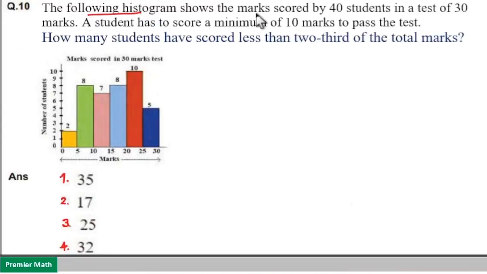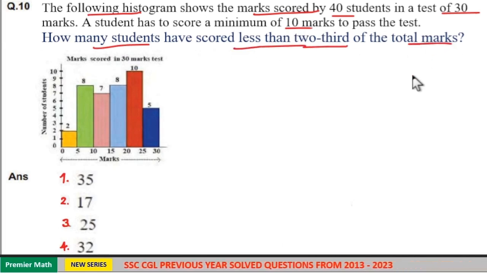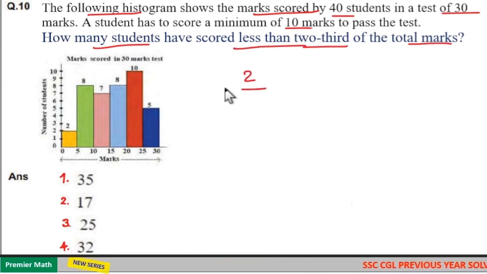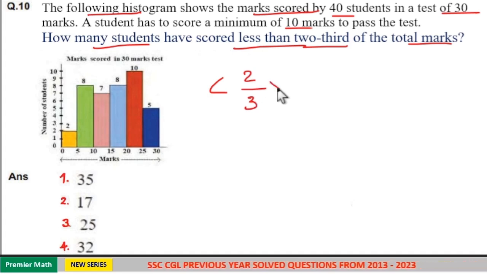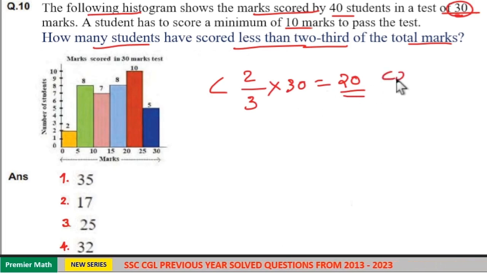The following histogram shows marks scored by 40 students in a test of 30 marks. A student has to score a minimum of 10 marks to pass the test. How many students have scored less than 2/3 of the total marks? Less than 2/3 means 2/3 of the total marks, which is 30 here, which means 20 marks. Less than 20.